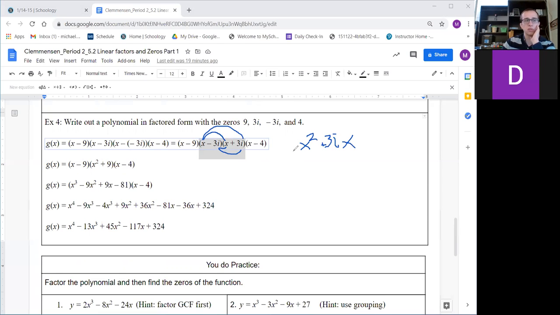Again, this is one of those things that would be good to write down so you have it to work on, all right, to look at if you ever have a problem like this. These two multiply together, I get negative 3i squared, or negative 3ix. And then finally, I get negative 9i squared.